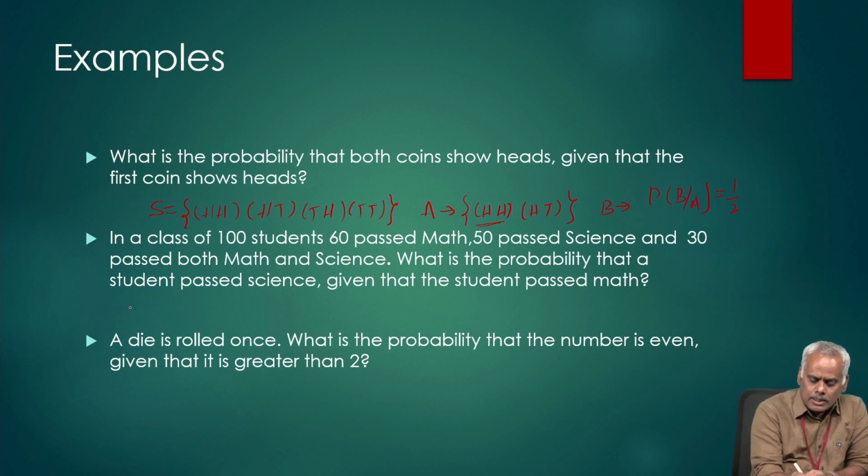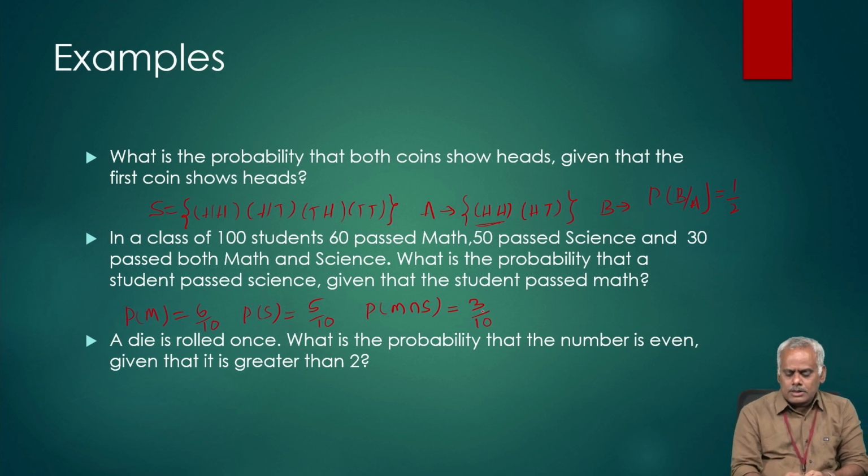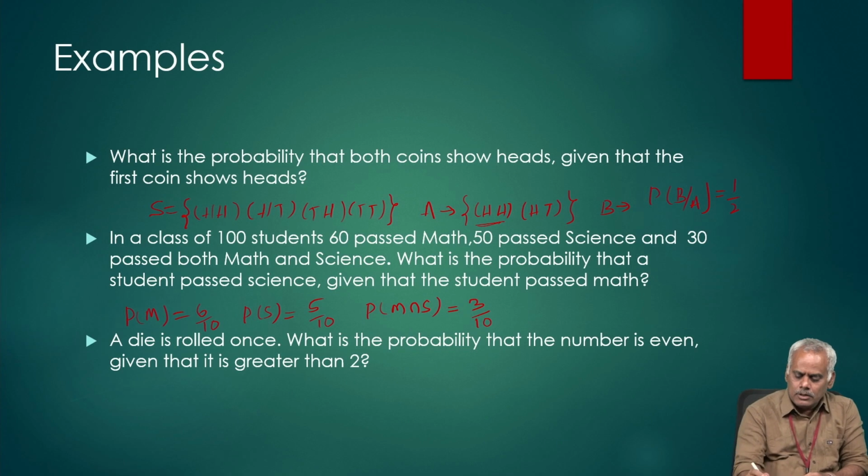So your given data is probability of M is 6 by 10, probability of science is 5 by 10, and probability of M intersection S is 3 by 10. That is 60 by 100, 50 by 100, and 30 by 100.